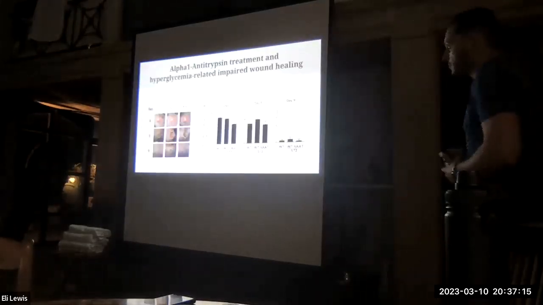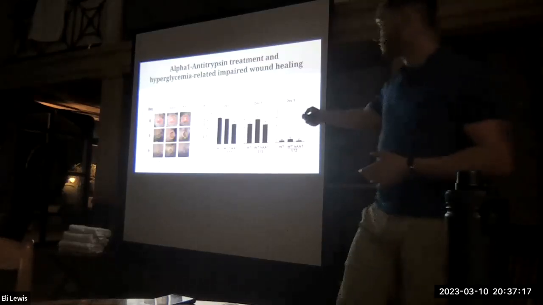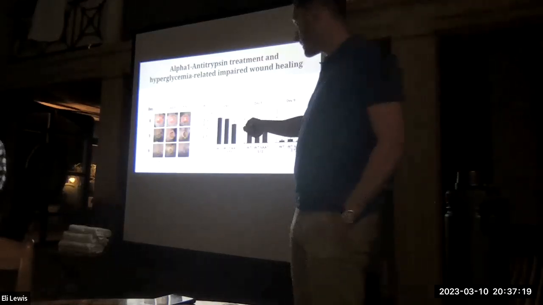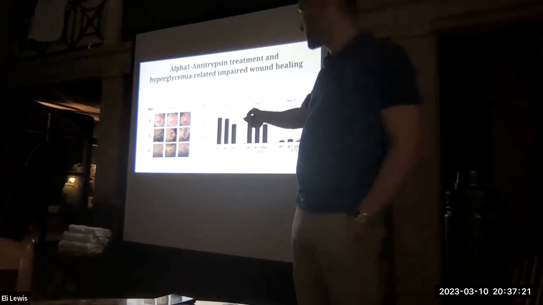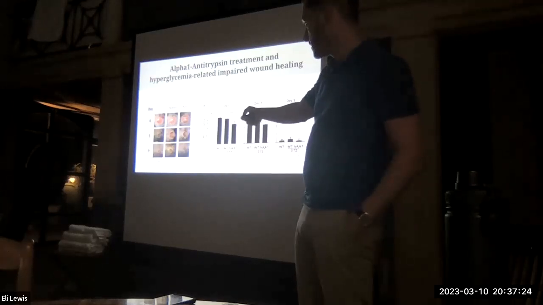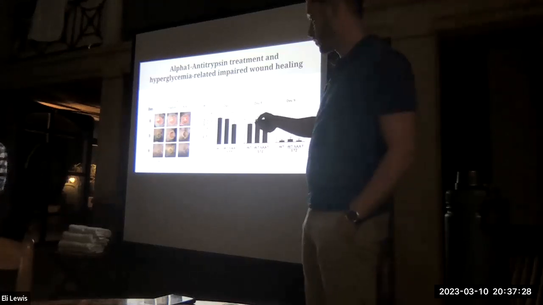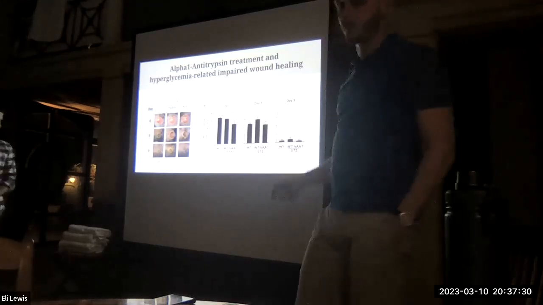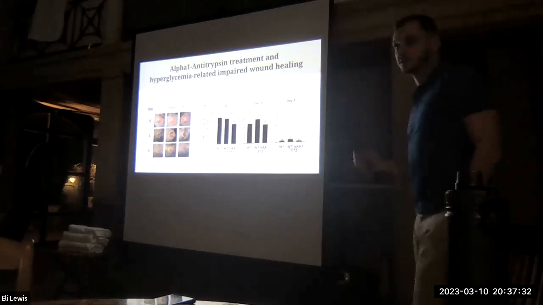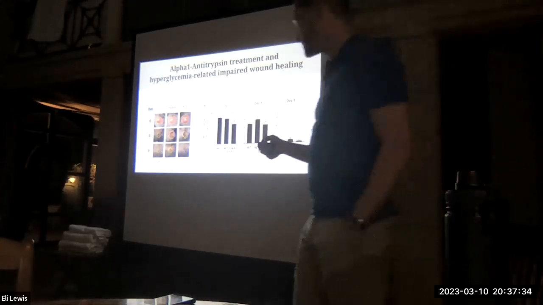Here we can see another representation, and this is the way the wounds look on the 3rd day. On the 1st day, in the control and in the other groups, all the wounds were at the same area. These are representative pictures just to see how it looks.